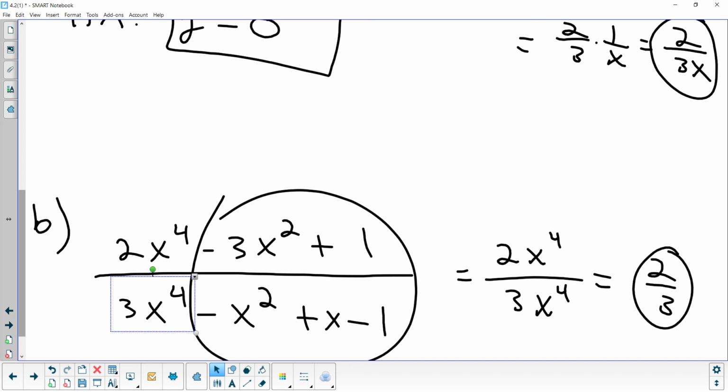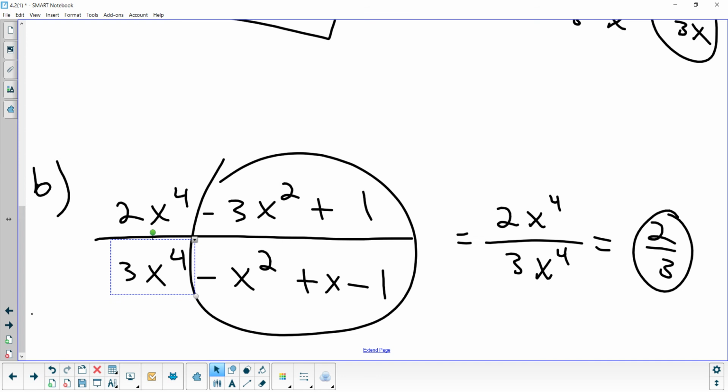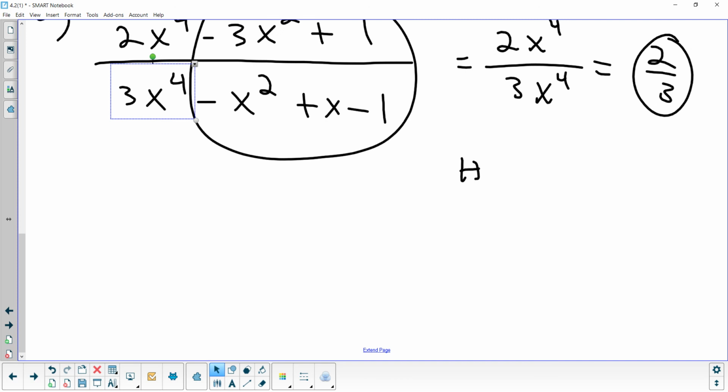So all you're left with is something approaching 2/3. So if you plugged in 1,000,000 for x, you'd get an answer very close to 2/3. Not exactly, but pretty close. Would you write it as y equals 2/3, or would you just leave that? Nope, we're going to write it as y equals 2/3. So EBM.